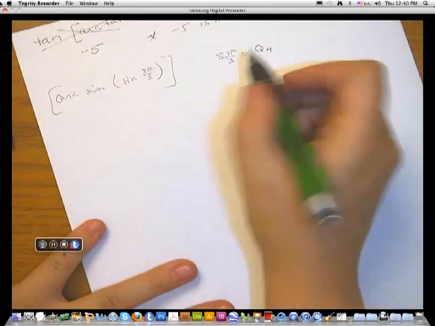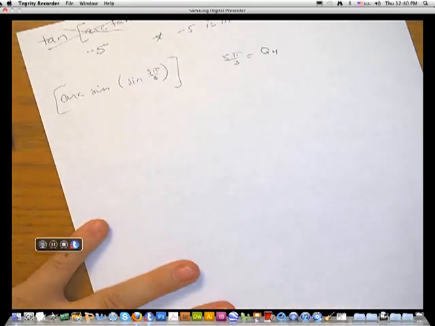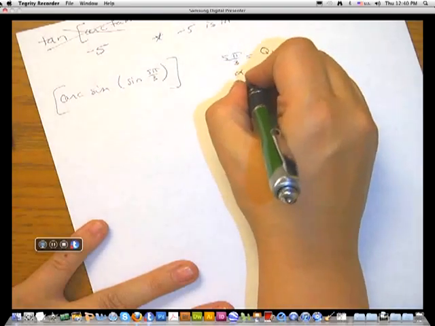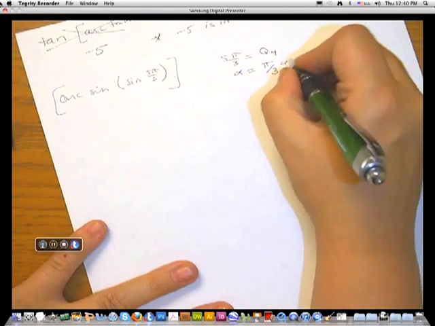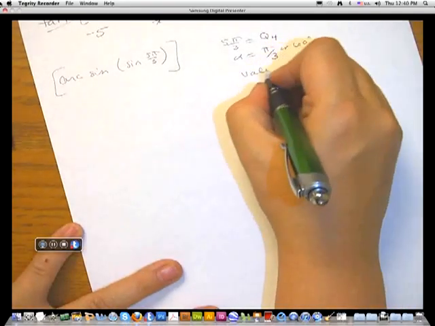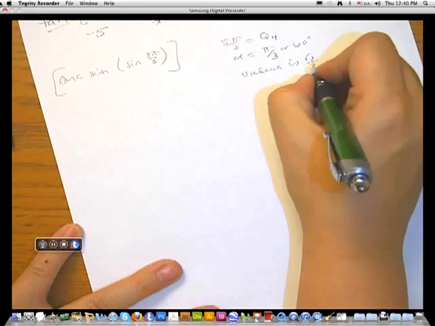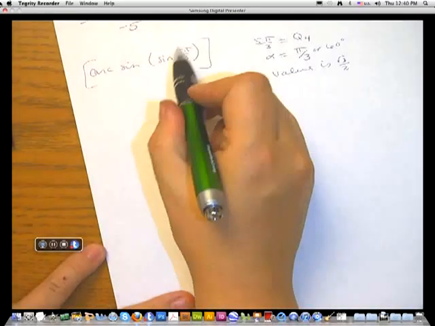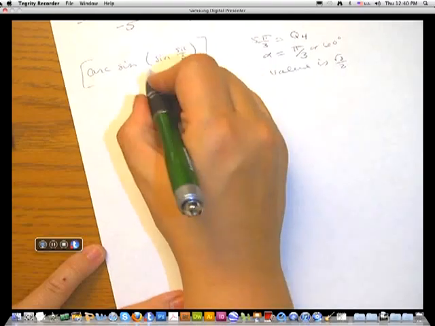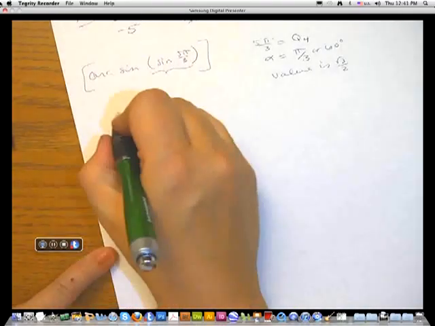I need to have its reference because 5 pi over 3 is not actually in quadrant 1. So I have to find its reference, pi over 3, or 60 degrees. Therefore, its value is √3 over 2. This is of an angle here, and I need to get its value.